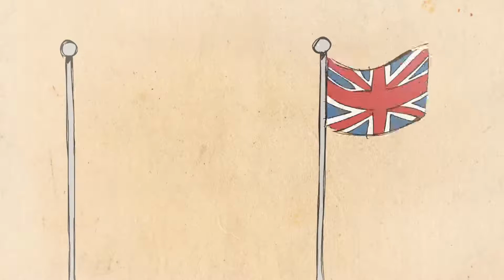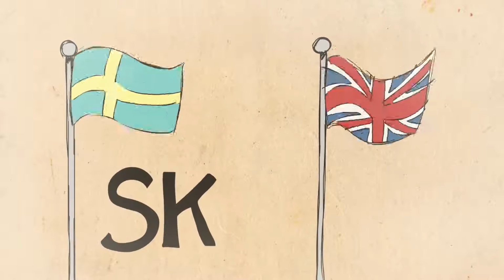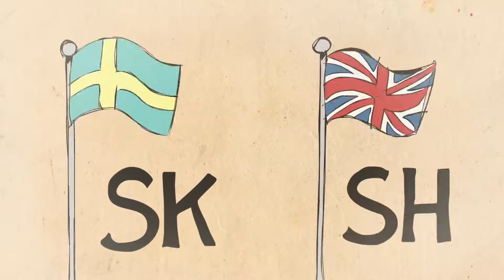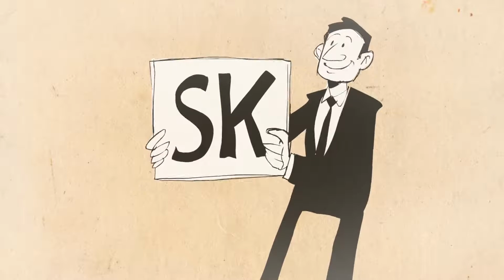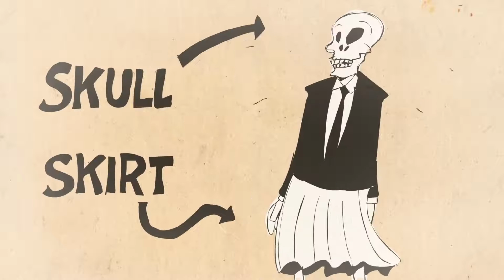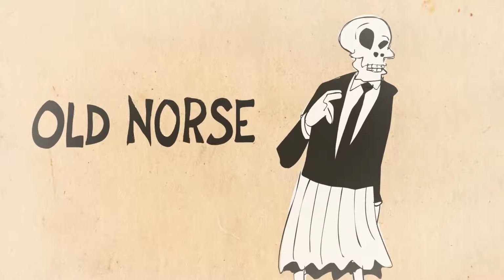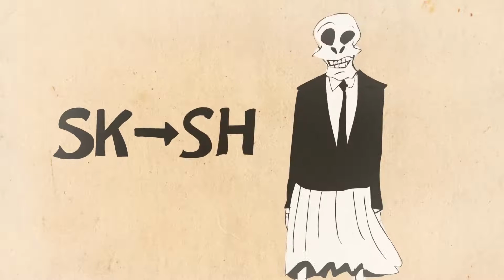In another split, words that have SK sounds in Swedish developed an SH sound in English. There are still some English words with SK, like skirt and skull, but they're direct borrowings from Old Norse that came after the SK to SH shift.